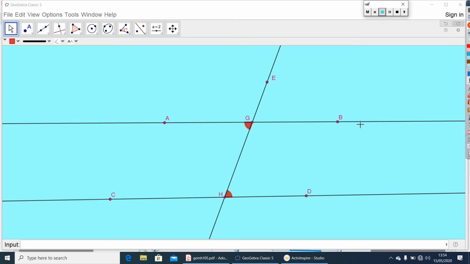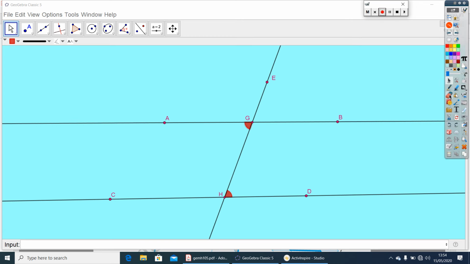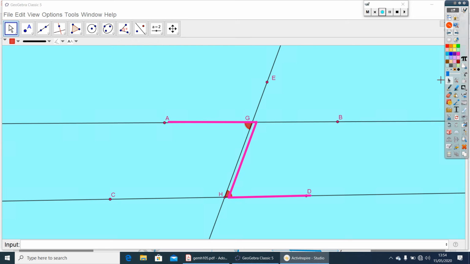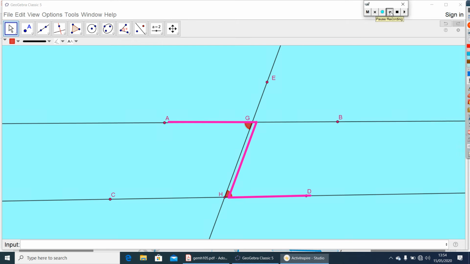Now these are alternate interior angles. Now let me join them. It is just like Z. So this type of angles you can say are alternate interior angles, and these are interior angles on the same side of the transversal.